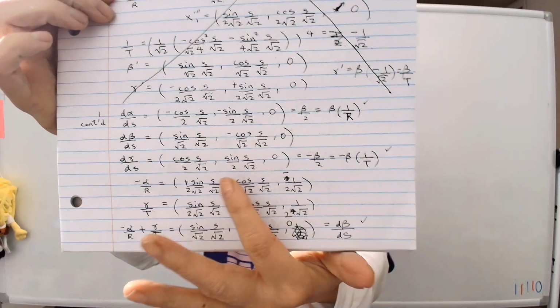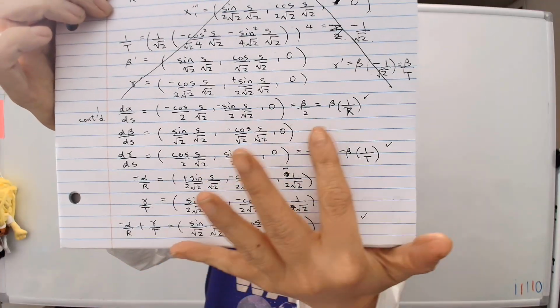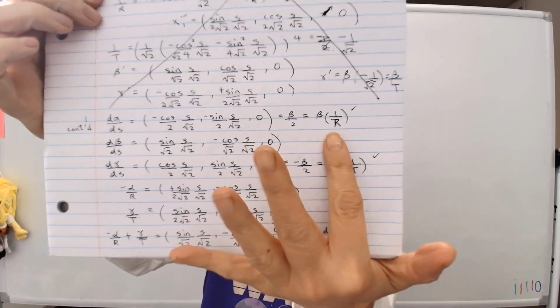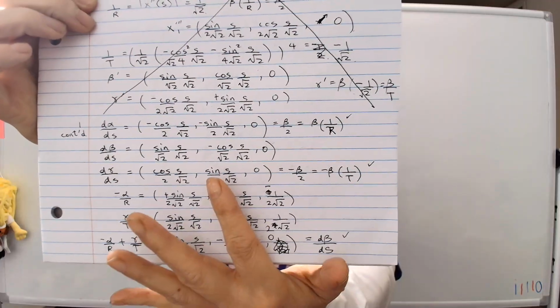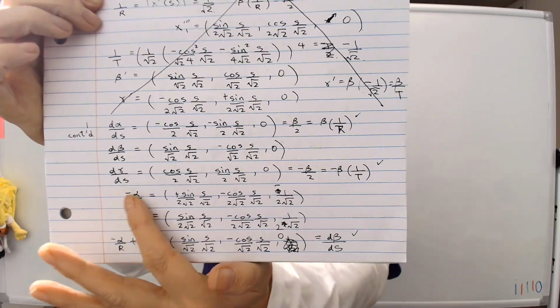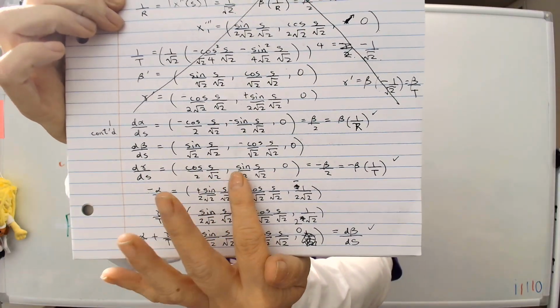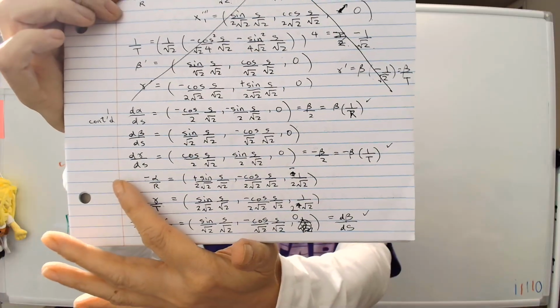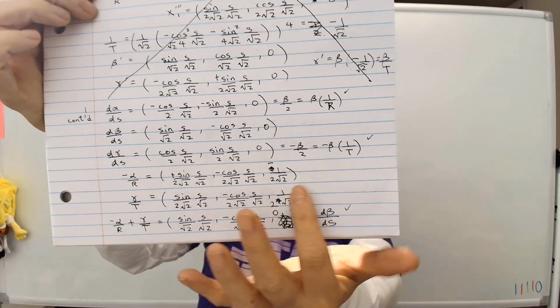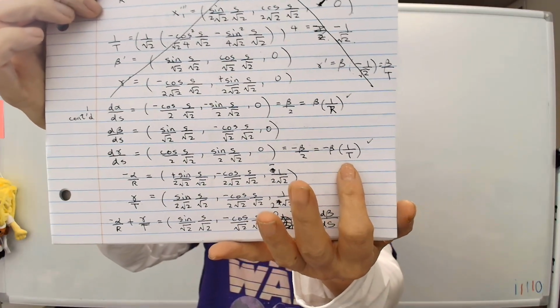So whatever this is, the d alpha by ds. Then the next thing we have to calculate, which we confirm to be beta times 1/r. The d beta by ds is whatever that is, and then the d gamma by ds is confirmed to be this equation.